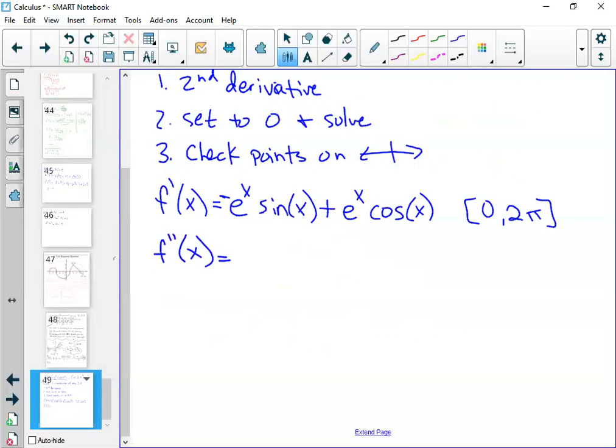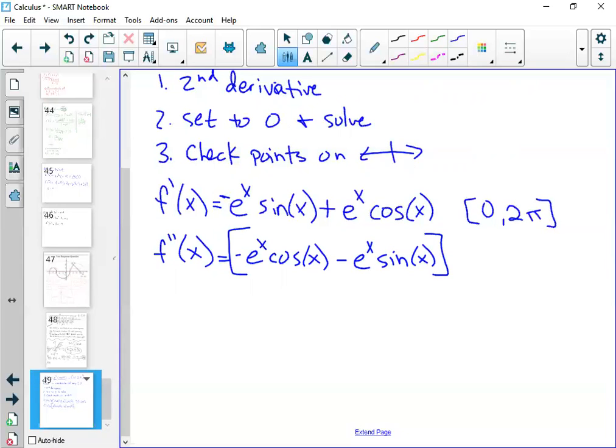Second derivative. So here we have another product. So we're going to leave the first, times the derivative of the second. And let's use brackets just so that we keep ourselves organized. So that is the first times the derivative of the second plus, but there's a negative there, so we're just going to switch that to a minus. So plus the derivative of the first times the second.